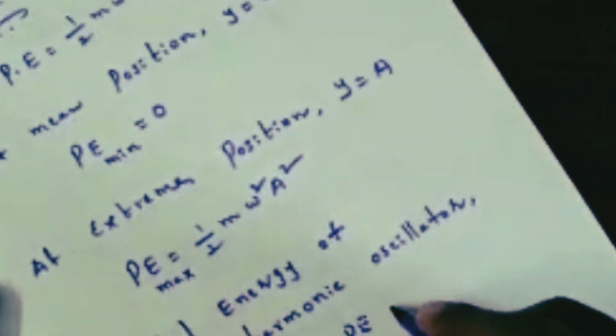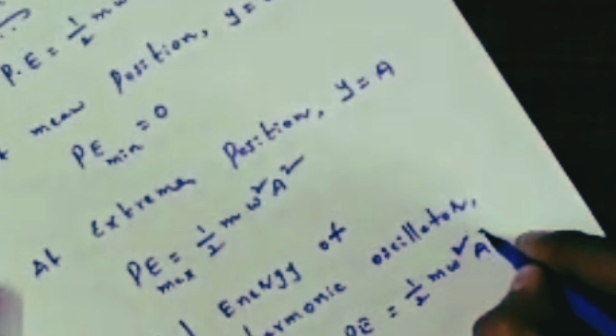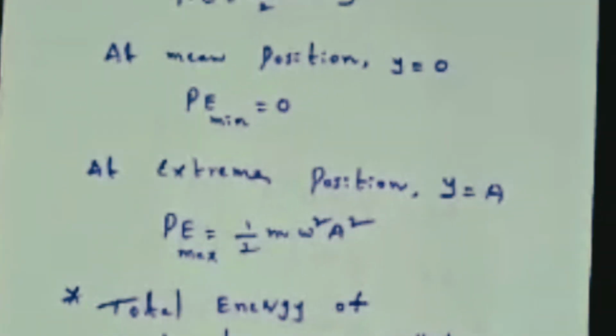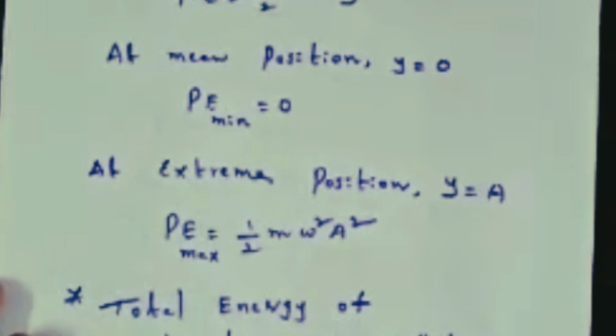Always this value must be equal to half m omega square A square. The total energy of the simple harmonic oscillator is always TE equal to half m omega square A square. At any point in the path of the oscillatory motion, the total energy must be constant, and that value is half m omega square A square.